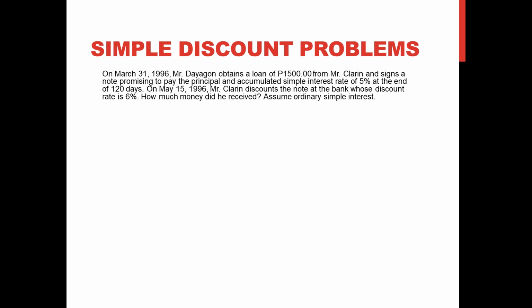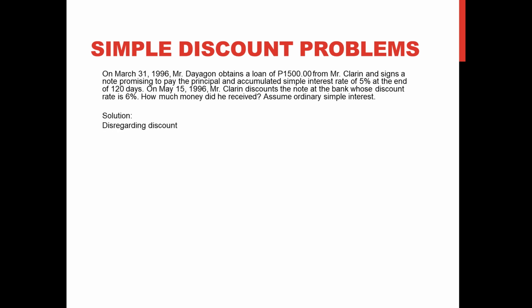March, April, May. That is actually 45 days in counting. After 45 days, sabi ni Mr. Clarin, you can have a discount at 6% interest on the 15th day of May. So ngayon, that will be the condition. Although the duration is 120 days, there is a provision of discount after 45 days.